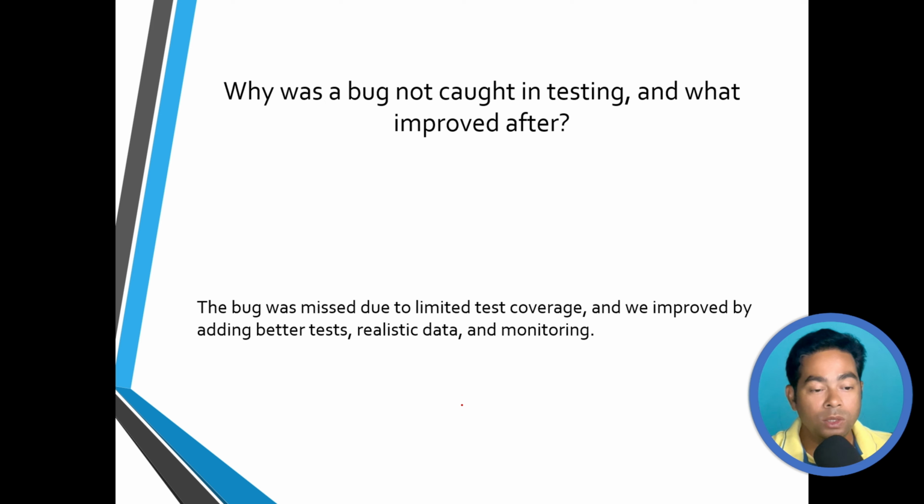The bugs or issues we face in production generally do not happen in our lower environments, QA or UAT. It is expected because we have not tested in QA or UAT with that much data, or the data load will be less.